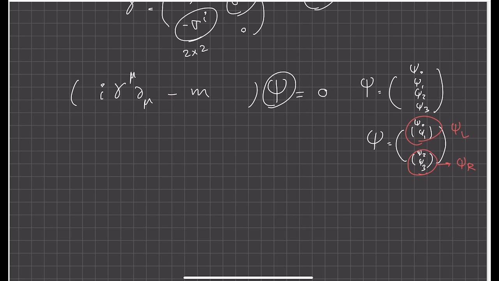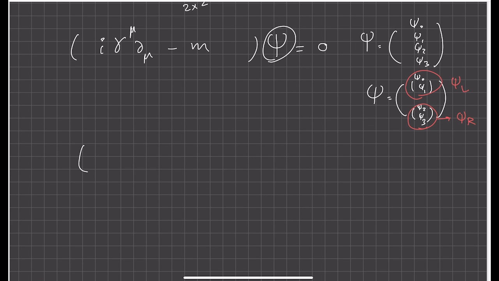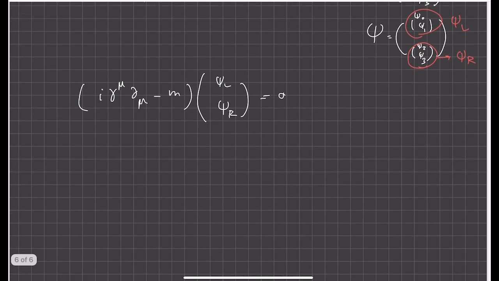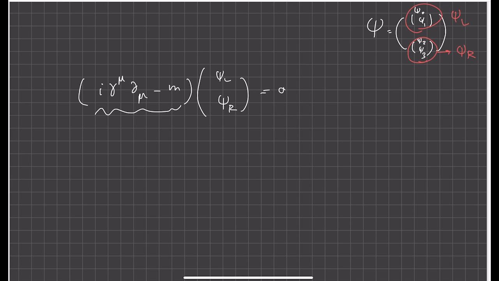Now if I turn this spinor into these 2 by 2 units, I'm basically dealing with psi L and psi R. Let me write down the main operation, i gamma^mu d_mu minus m, acting on psi L, psi R is equal to 0.